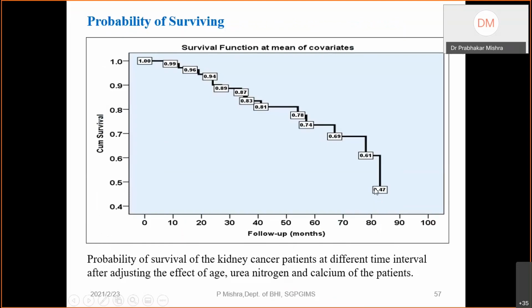So the last assessment of the survival probability was 0.47 at 82-83 months. Later no mortality was reported. It is understood that the survival probability will be this, the straight line will carry on. Okay, so this is the probability of survival.